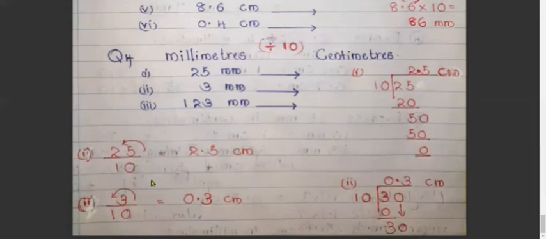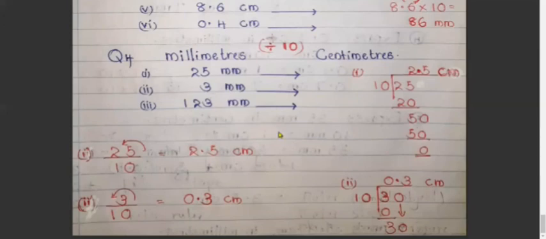Do you remember the decimal division I explained last week? Right? Then what do you do, children? You move your decimal point from right to left. How many places? Only one place. Why is that? Because you are dividing by 10. Then your answer is 2.5 centimeters.